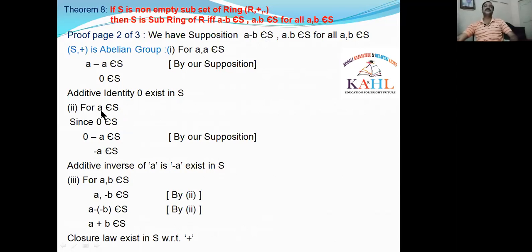Minus a is the additive inverse of a. This additive inverse is in S. That means inverse exists in S. Identity exists in S, and now inverse exists in S.